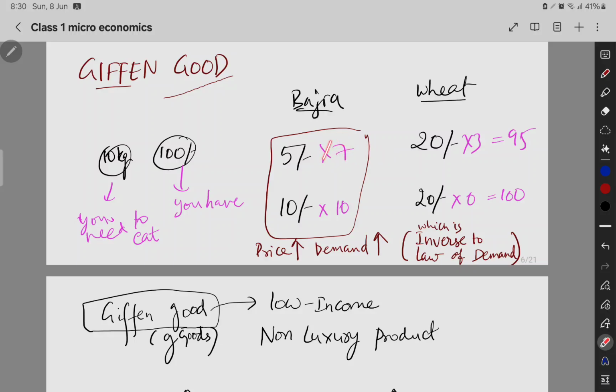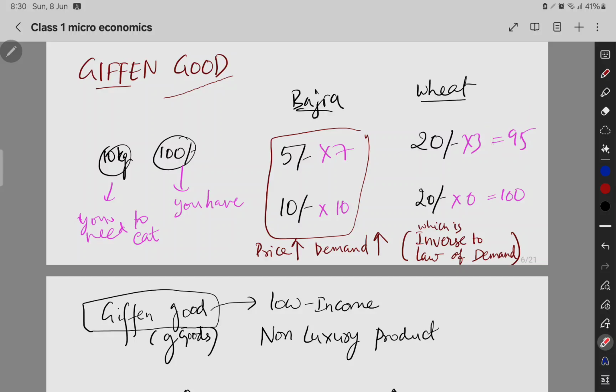When I am eating 7 units of bajra, one bajra is 5 rupees, so it becomes 35 rupees. And when I am eating 3 units of wheat, 3 kgs, so in total, 7 kgs and 3 kgs, in 95 rupees I am able to eat 10 kgs.